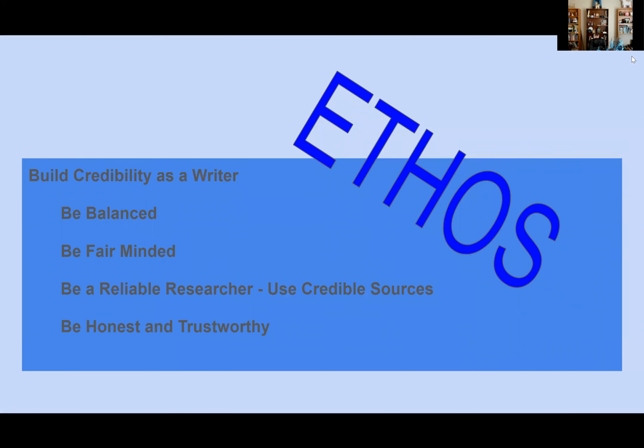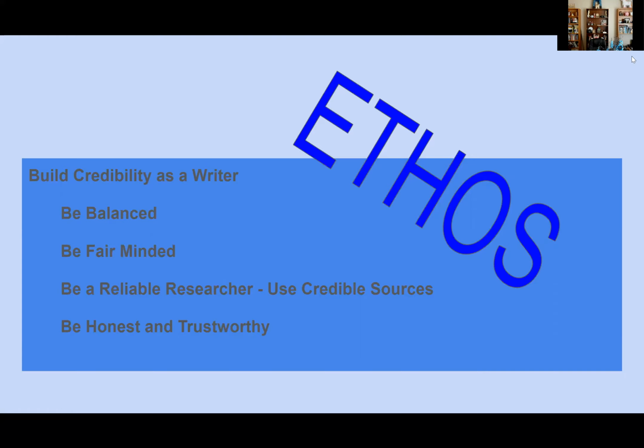So ethos means you need to be trustworthy as a writer. You have to establish that very quickly when you're writing. The reader needs to know that you are balanced, that you are fair-minded, that you are reliable, that you use credible sources, and that basically you are honest and trustworthy. Now, this might be hard because some students say, well, this is a new topic for me and I haven't written about this before.